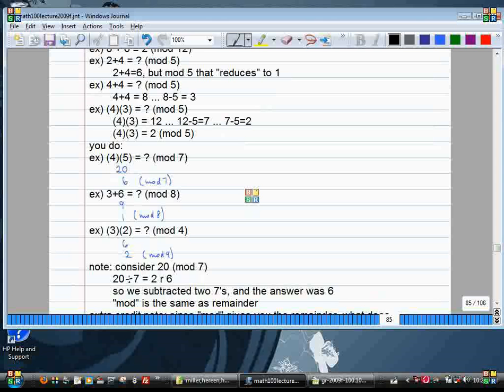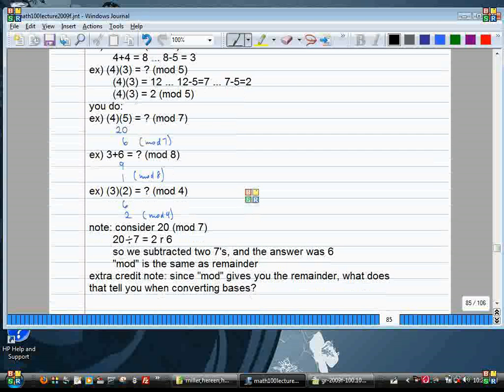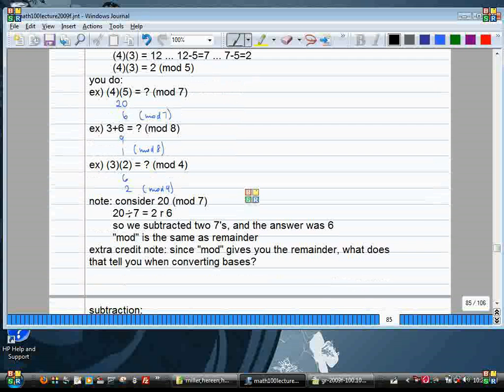What does that remind you of? Yeah, bases. This is closely related to working in different bases. So mod 5 is the same as base 5. Now it's not the same, I'm not saying that, but it's related. Okay. So these are related.